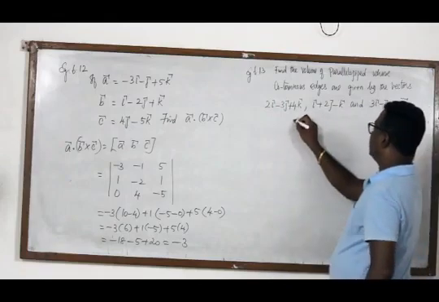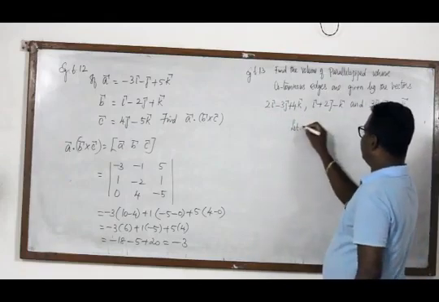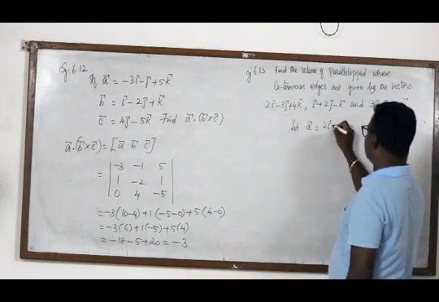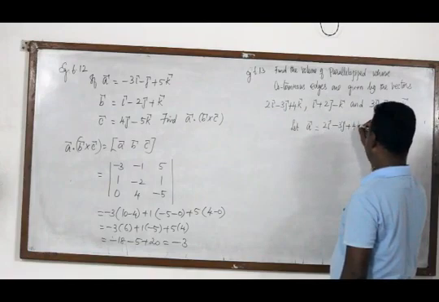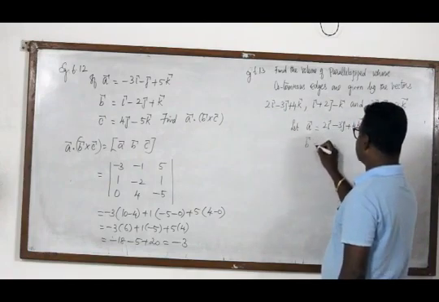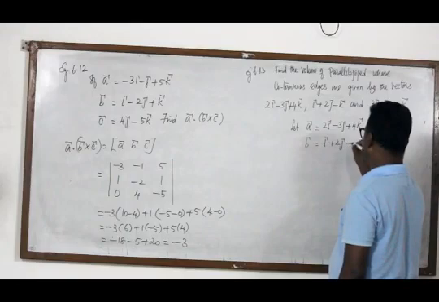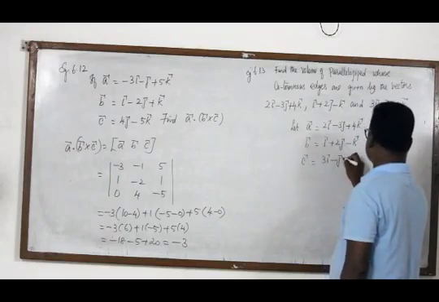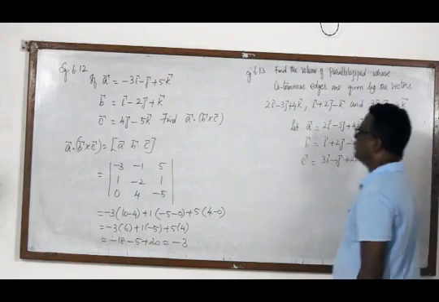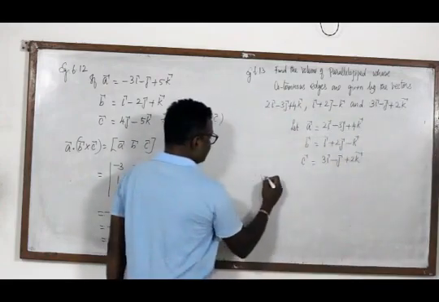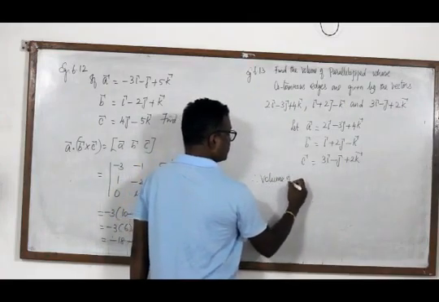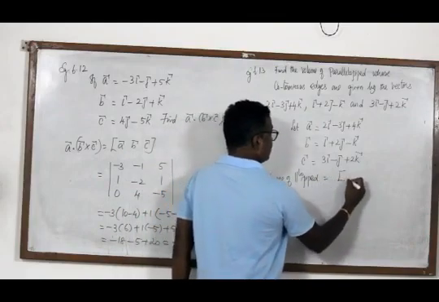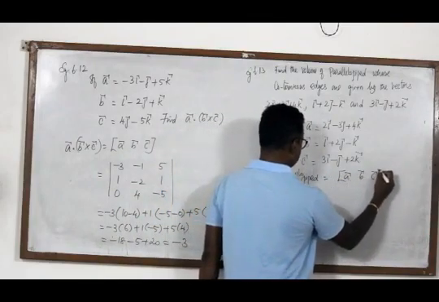We know, volume of parallelepiped means I must take these vectors as coterminous vectors. So that A vector is 2i minus 3j plus 4k. B vector is i plus 2j minus k. C vector is 3i minus j plus 2k vector. Therefore, volume of parallelepiped is the box product of ABC.